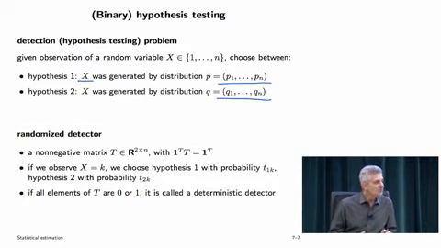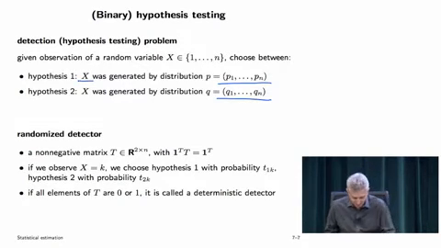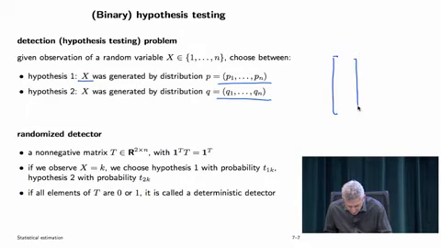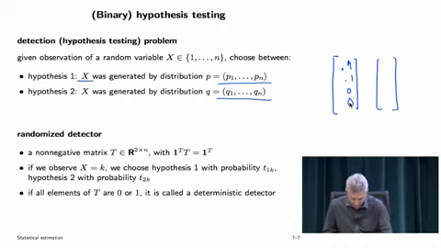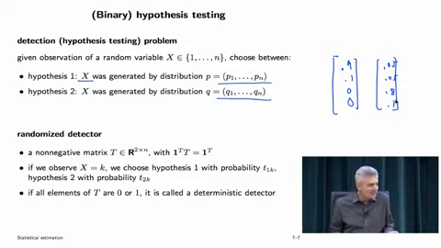Okay, and some things would be obvious here, right? If one distribution looked like this, 0.9, 0.1, or something like that, and the other looked like 0.05, 0.05, 0.8 and 0.1, then you could guess, right?